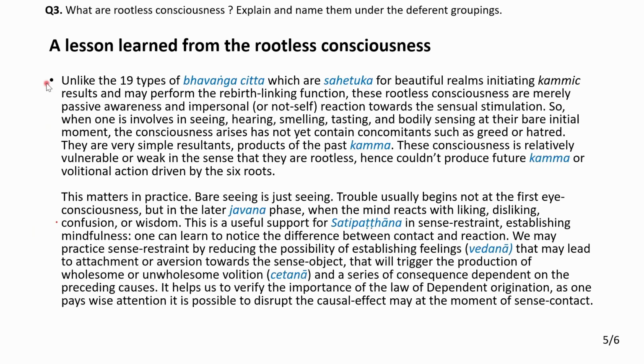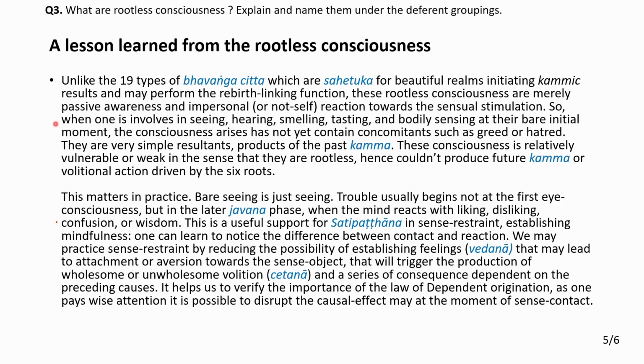So, a lesson learned from the rootless consciousness. Unlike the 19 types of bhavanga citta, which are sahetuka, for beautiful realms initiating karmic result, and may perform the rebirth linking function, these rootless consciousness are merely passive awareness of, or an impersonal reaction towards, sensual stimulation.